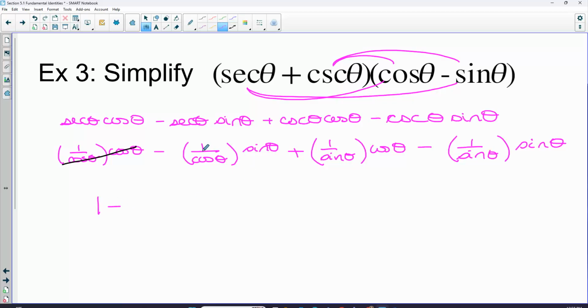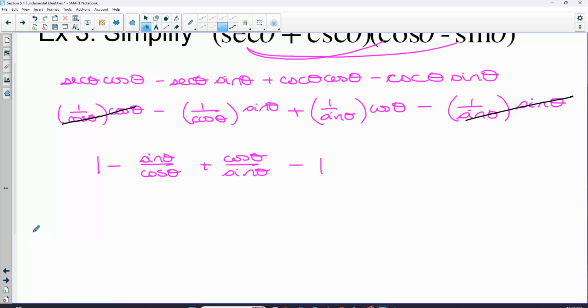Minus, if I'm multiplying this, multiply the tops, multiply the bottoms, so you just get minus sine theta over cosine theta. Plus, this one would be cosine theta over sine theta. Minus 1 divided by sine times sine is just 1. What happens to my 1s? Those cancel.